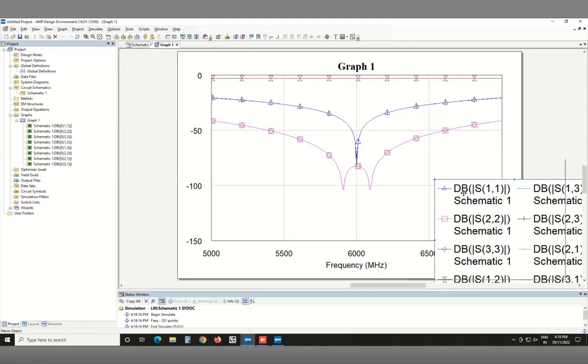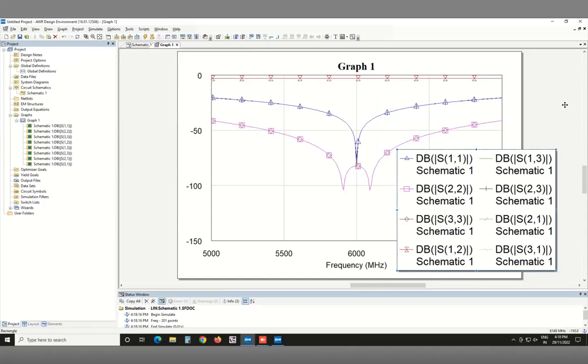Okay. Right. Let's stare at this guy. S11 is the blue colored triangle, so that's this one here. S22 and S33 are pink squares and brown diamonds, so those are these two curves here.